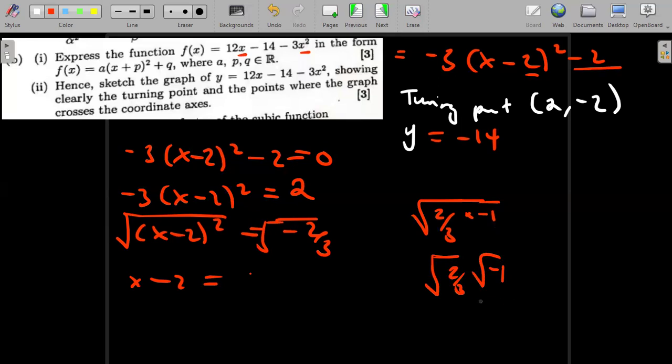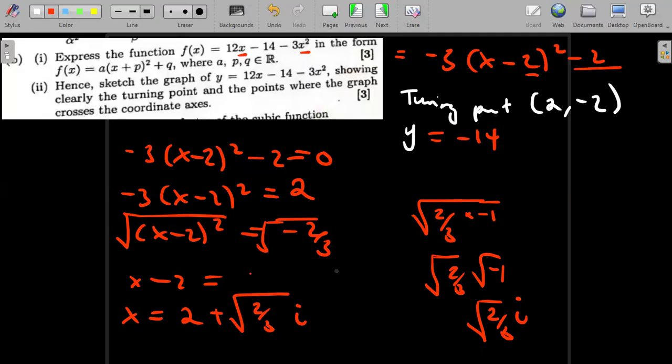And this is just going to be root of 2 over 3, then the negative 1 I can represent by i. So when I take 2 to the other side, I have 2 plus or minus root of 2 over 3 times i. So this is an intercept.